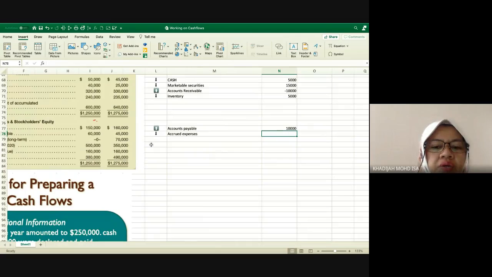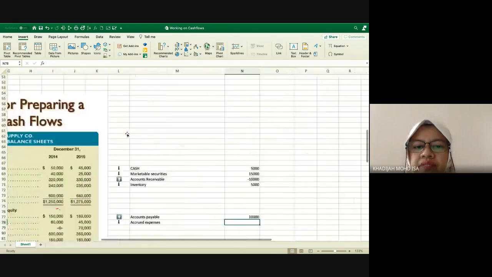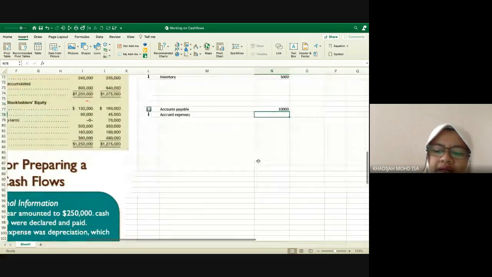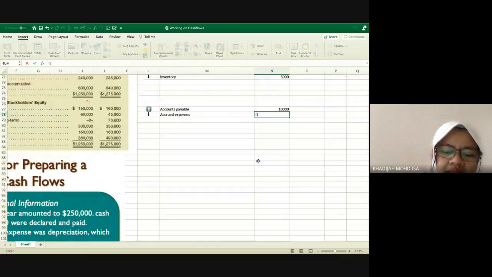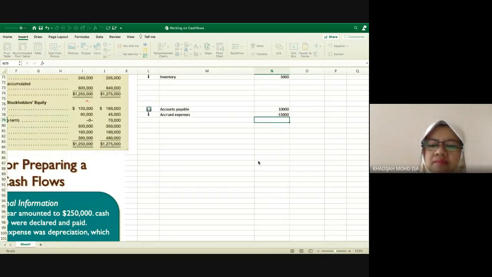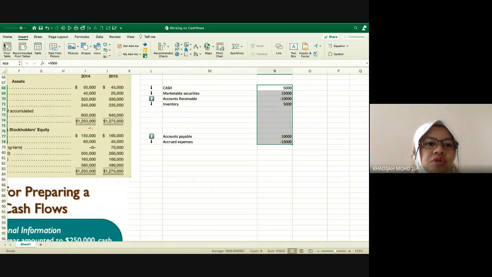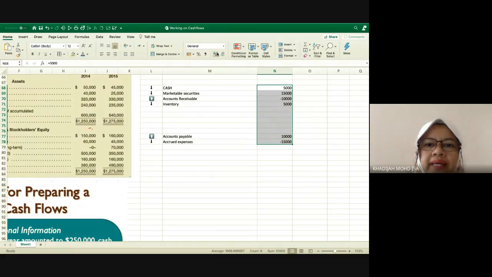But your accrued expenses, you reduce by 15,000. When a current liability reduces, you minus 15,000. Whenever you minus, you're going to show that in the form of brackets. So that's how you do it.